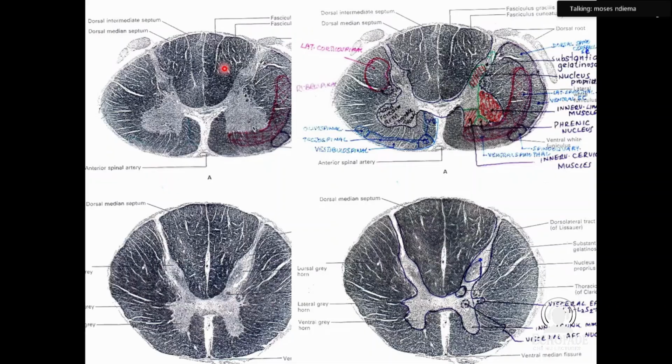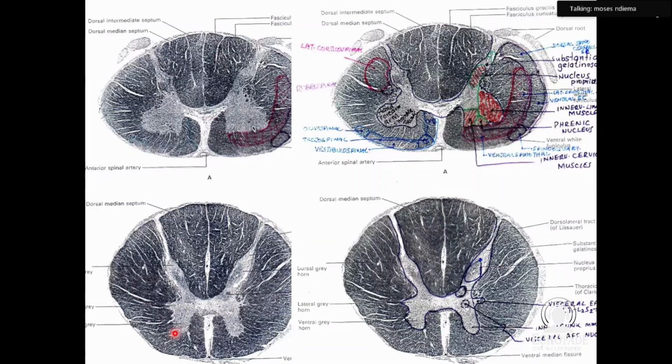Now, we talked about the blood vessels supplying various parts of the spinal cord, the dorsal part being supplied by posterior spinal arteries, the ventral part being supplied by the anterior spinal arteries. So, what would happen if you have lesions?